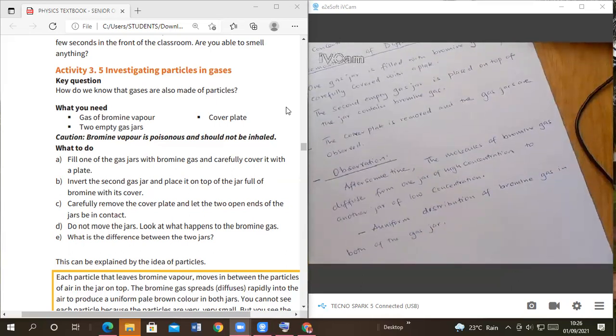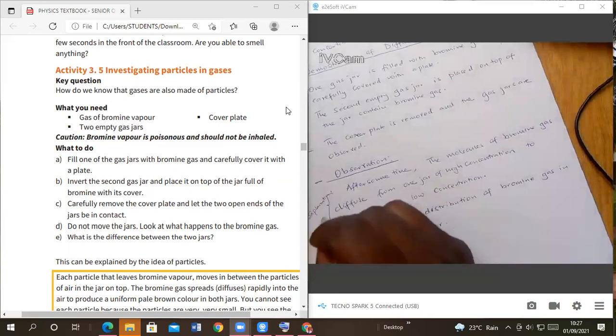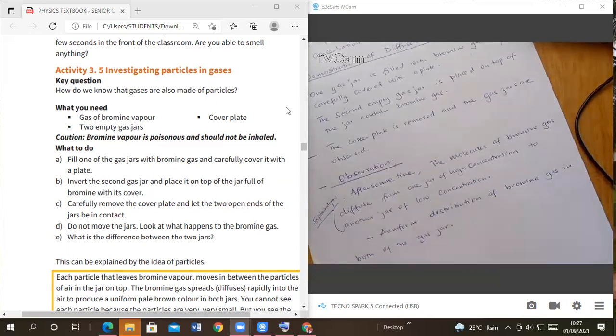So there will be a uniform distribution of the bromine gas in both of the glass jars. The reason is that the molecules of bromine gas diffuse from one jar of high concentration to another jar of low concentration. Remember, this observation also can be the explanation. Are we together? Yes.